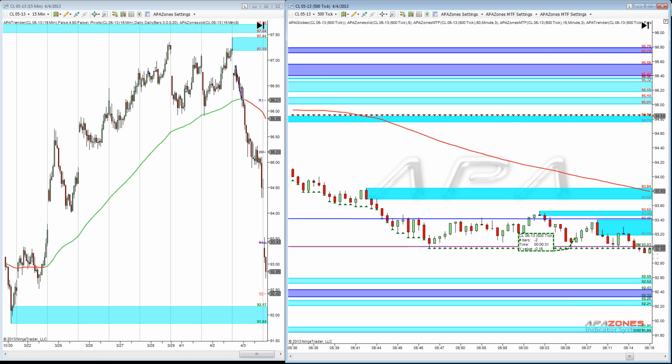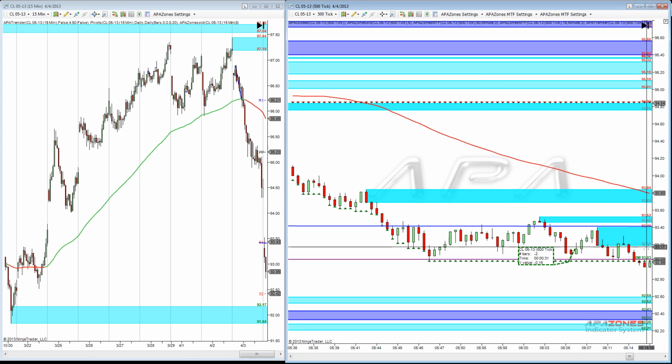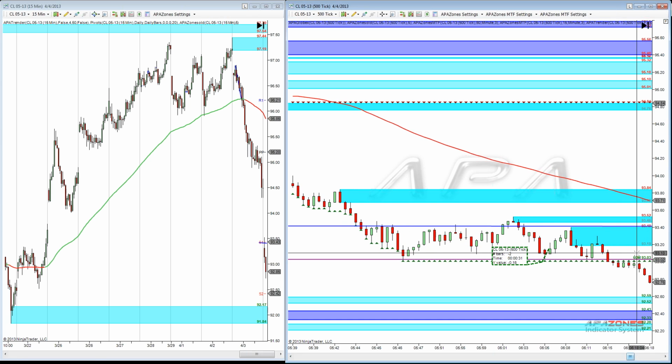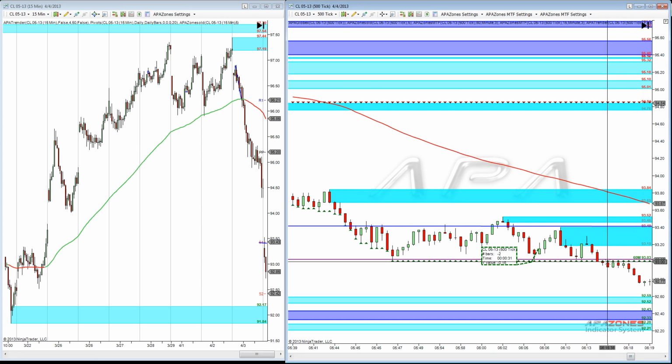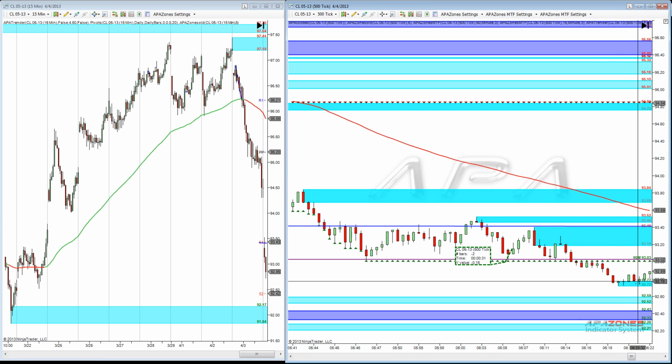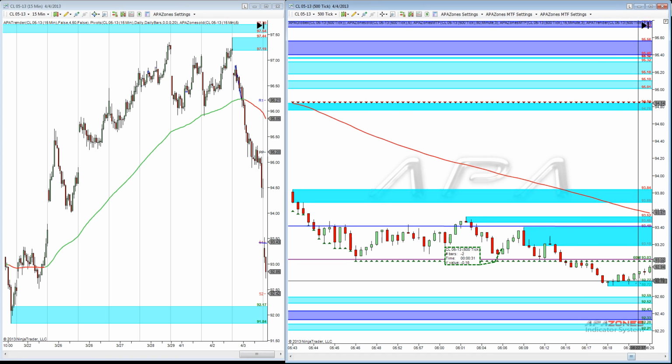So a really nice idea would be, as we come into the normal US Open for all the indexes, to grab a short out of this area. But we've got to wait for the right setup, you know. Hovering around the Globex, I'm just going to use the zones as the support and resistance to come into something.